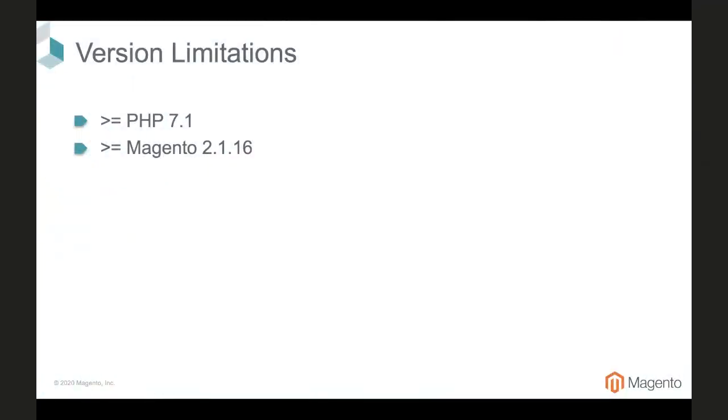So in our ECETools 2002.1.0, we stopped supporting PHP version 7.0. It means that we also do not support Magento versions less than 2.1.16.